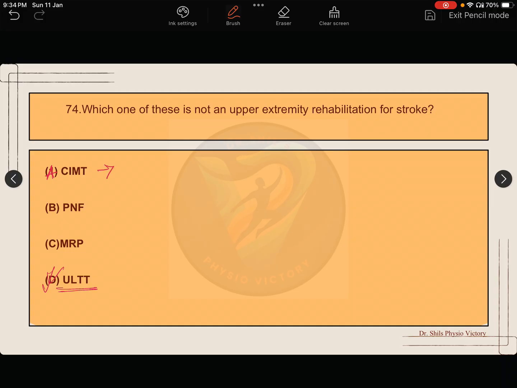CIMT is constraint induced movement therapy. PNF is proprioceptive neuromuscular facilitation. MRP is motor relearning program.